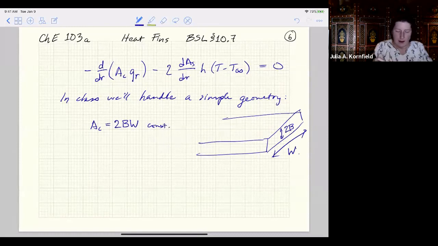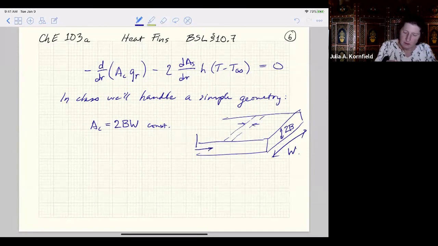Okay. And then the differential area exposed on the top is, in this case, right.